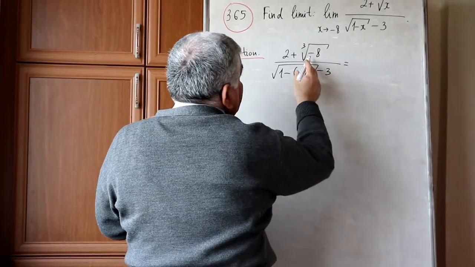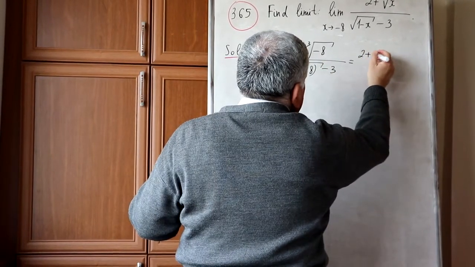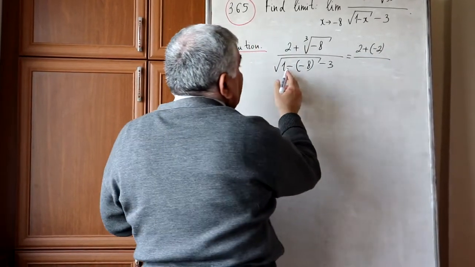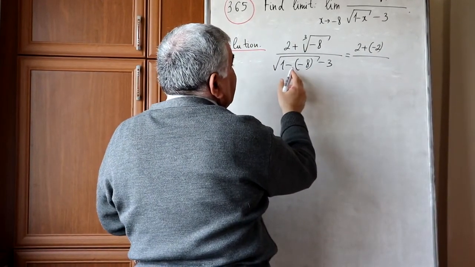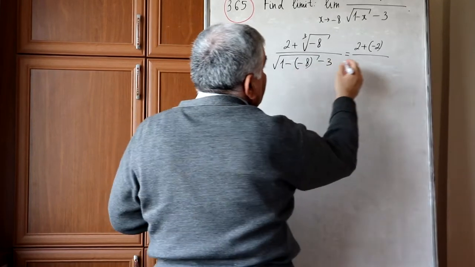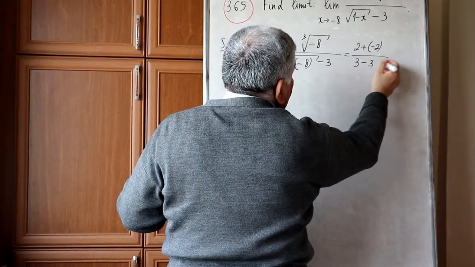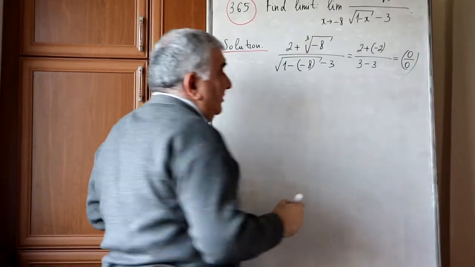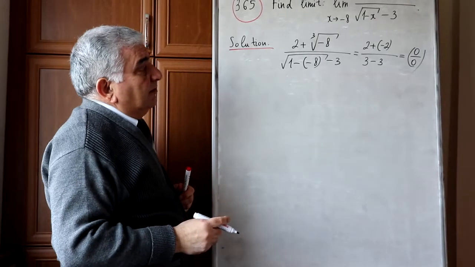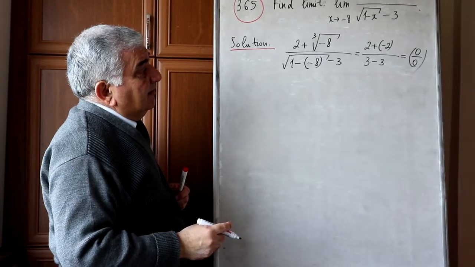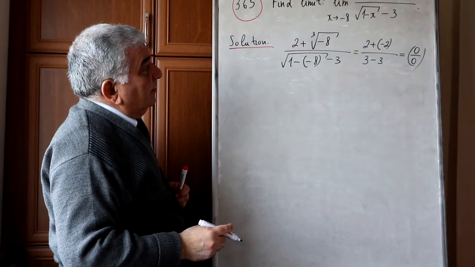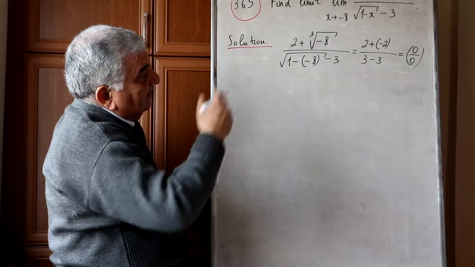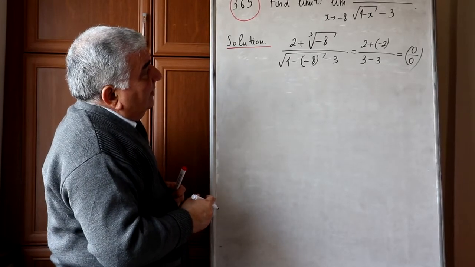Then it is minus 2 plus 2. Here 1 minus minus 8 is 1 plus 8. It is 9. Square root of 9 is 3. 3 minus 3, and it is 0 over 0. We obtained the indeterminate form of type 0 over 0. Therefore, we must evaluate the obtained indeterminate form.